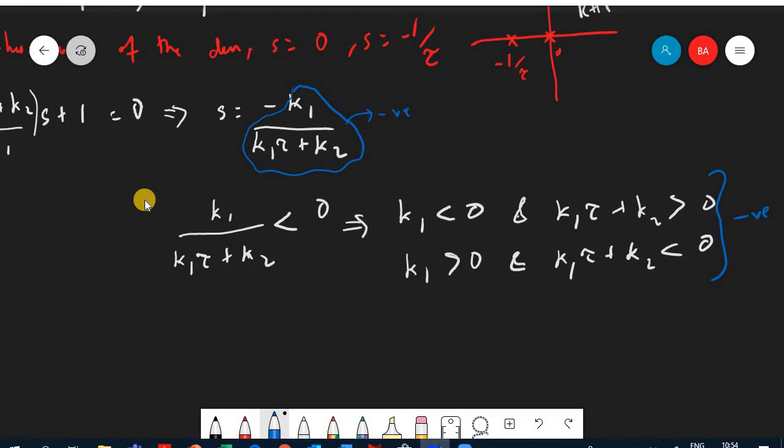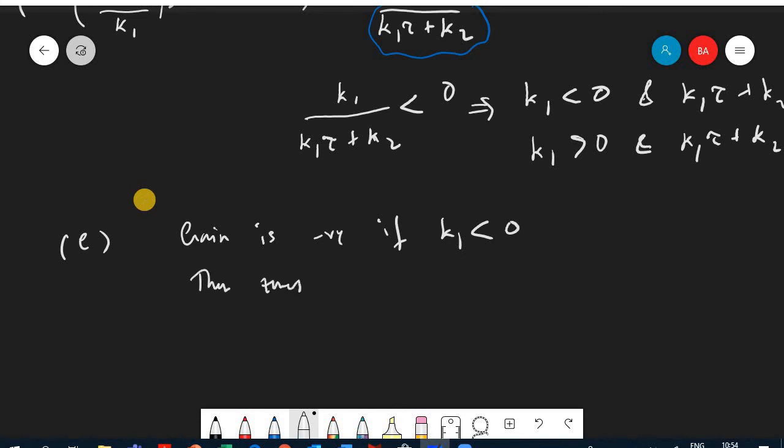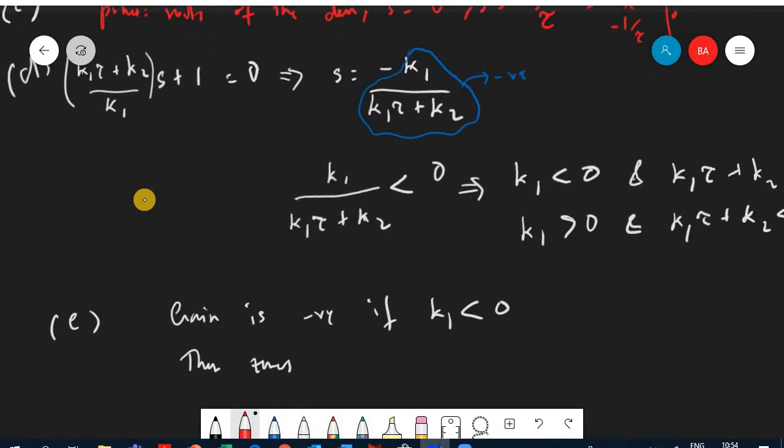So for part E, it says the gain is negative, and the zero is greater than 0. The gain is negative if K1, definitely, this is the gain, right, is less than 0. Then the zeros, if you remember, are my zeros. This whole term is my zero. So if K1 is negative, that will be a positive term.